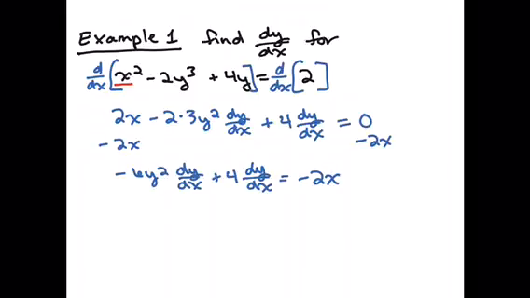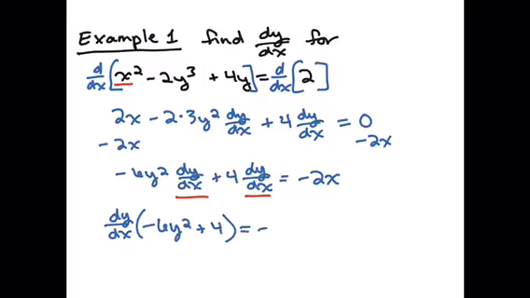And now I can factor out these dy/dx's so I can get it by itself and solve for it. So I get dy/dx times negative 6y squared plus 4 equals negative 2x, and then I can divide both sides by negative 6y squared plus 4.